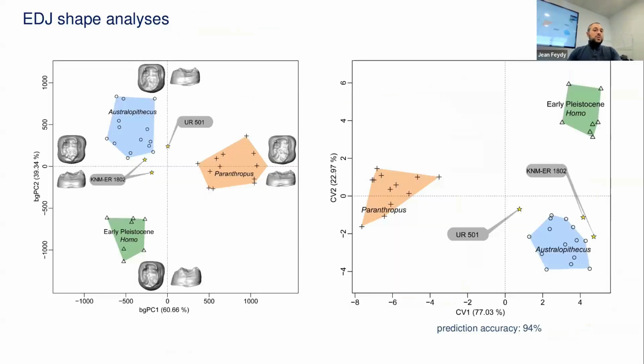And we could do the geometric morphometric analysis of the ADJ using the deformation approach. And what was very interesting is that this specimen falls closer to Australopithecus than to humans. So for maybe 20 years, everybody assumed that it's early human.